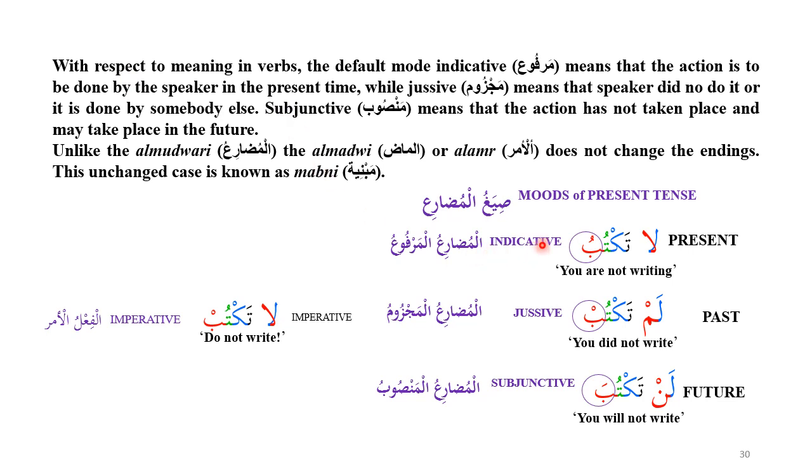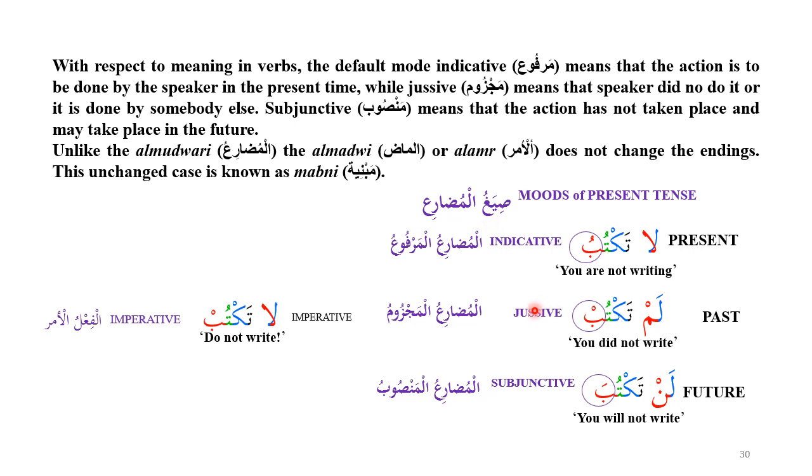Finally, the verb. The past tense, which is al-mazi, is actually mabni, means it doesn't change, but the mudari has three different forms, like the ism.